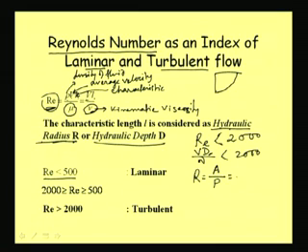In case of a pipe, the area is pi d square by 4, and the perimeter of a pipe flowing full is pi d. So we can see that R is equal to d by 4. If I put the same expression of hydraulic radius in case of a pipe, we get an expression of d by 4.